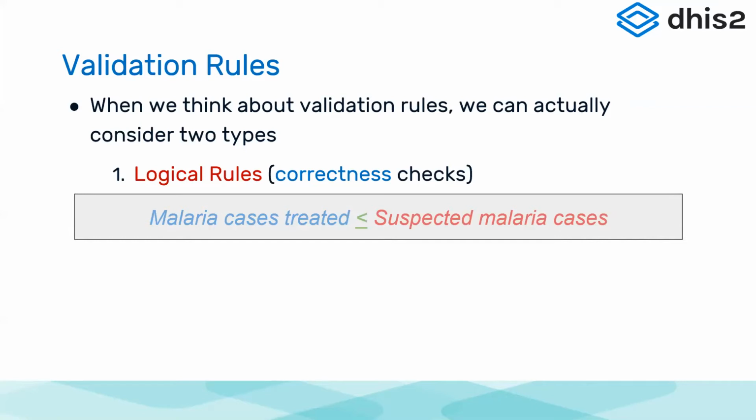On the left side of the validation rule, instead of one value, such as malaria cases treated in the example, you may have a composite value consisting of several data elements. On the right side also, you may have more than two data elements.